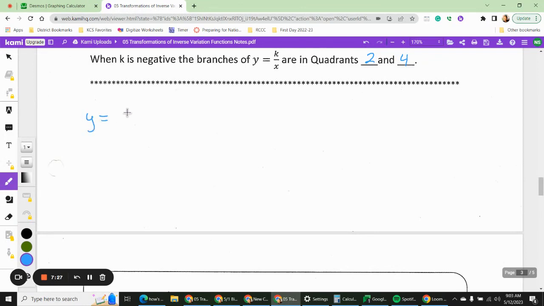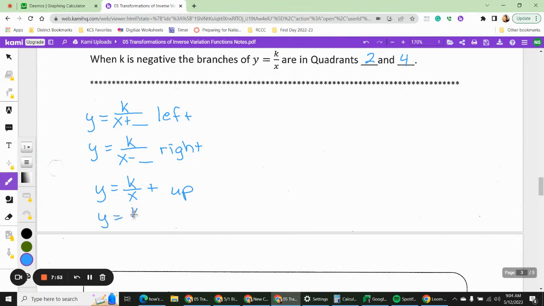When we have y equals k over x plus something, the graph moves to the left. And when it's k over x minus something, the graph moves to the right from the original function. If it's k over x and then something is being added after the fraction, the graph moves up.